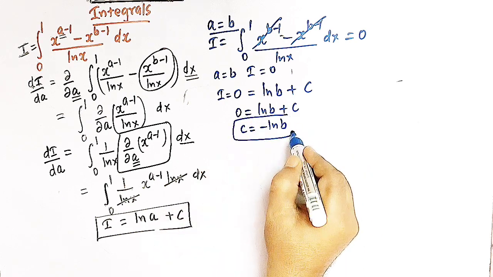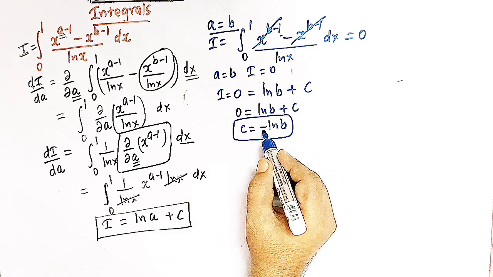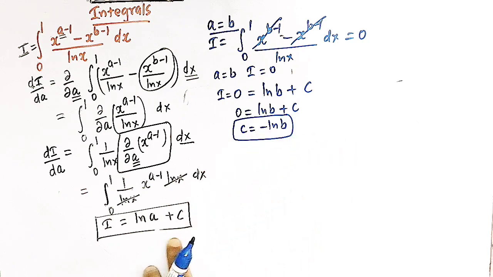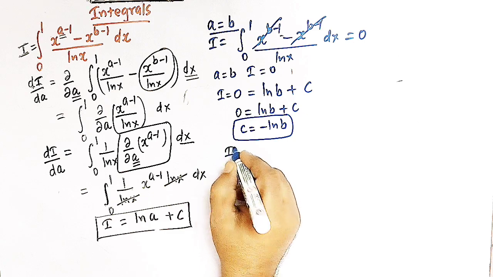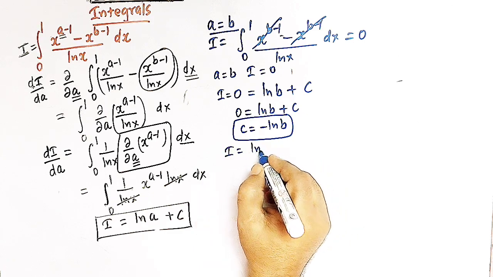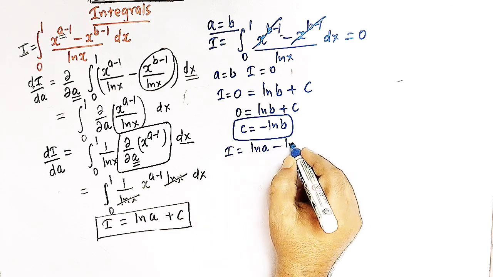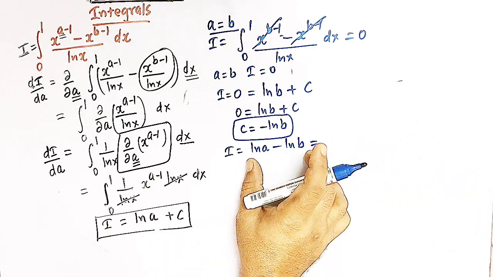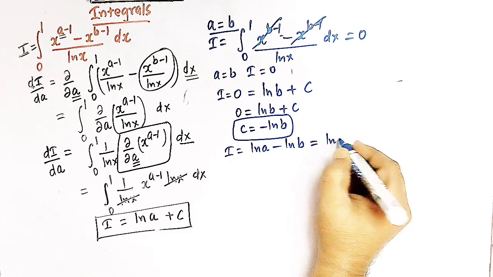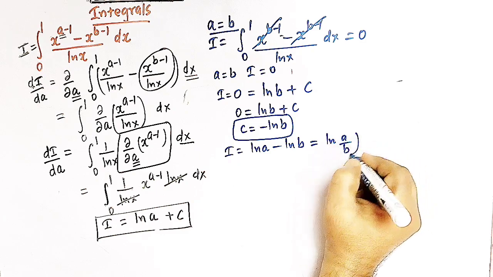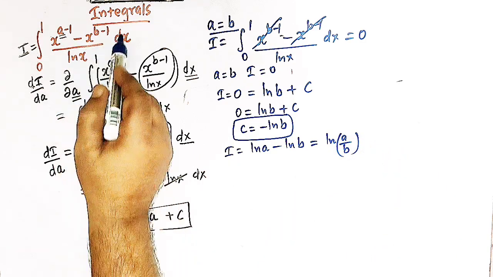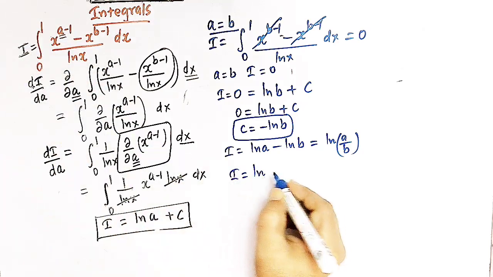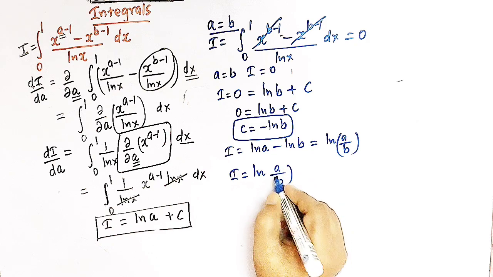So the constant of integration c is equal to negative of natural log of b, and substituting this value in this equation, now I is equal to natural log of a minus natural log of b, and using the laws of logarithms, here we have log of a over b, right? So the value of this integral I is given by natural log of a over b.